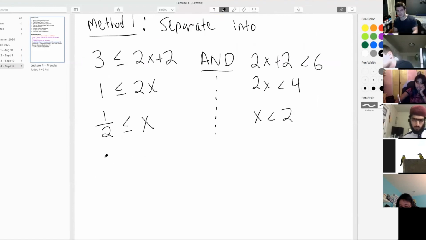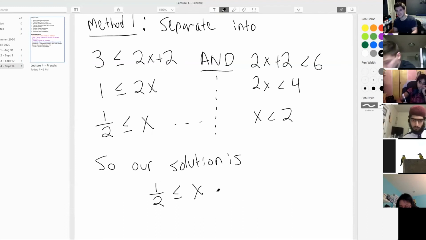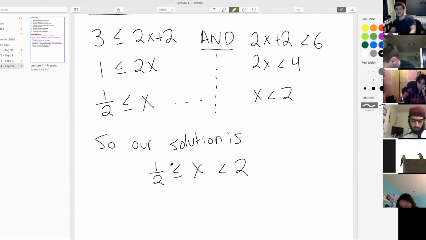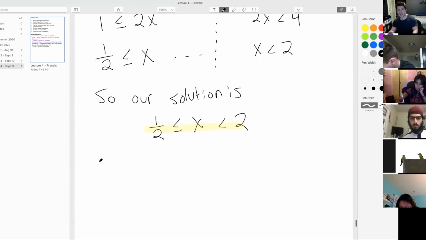So I just solved both of those inequalities really quickly. Our solution set is going to be both of these inequalities put together. So our solution is 1/2 is less than or equal to x is less than 2. How do we put this in interval notation?